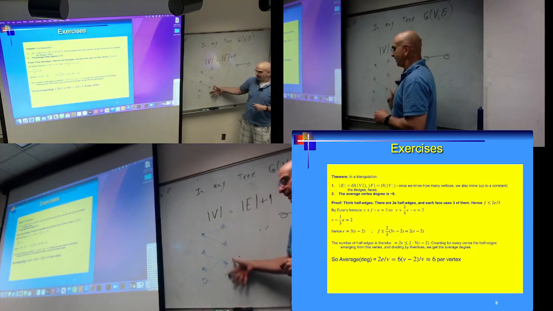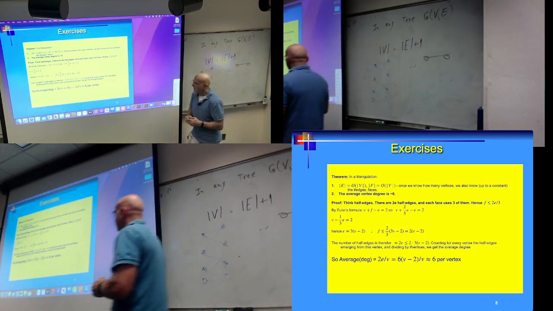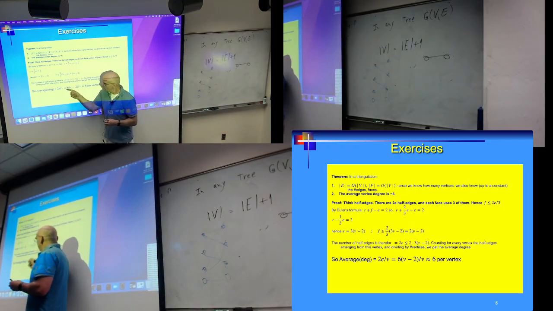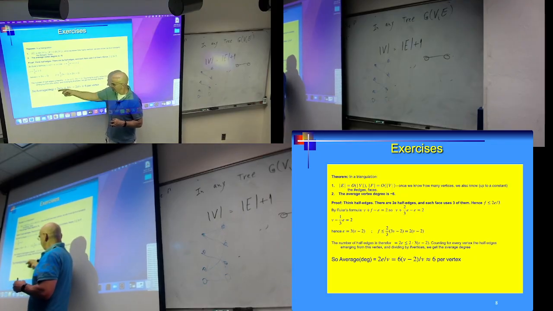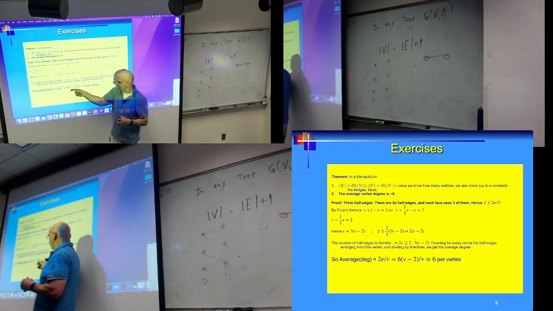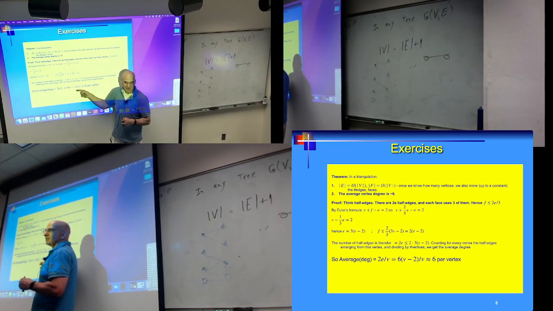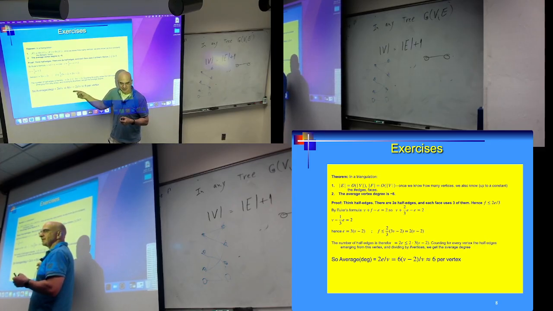And the average degree can be as large as they want. In planar graphs, life is much better. The total number of degrees is only linear, only 6 times the number of vertices. So most vertices have degree of 6.